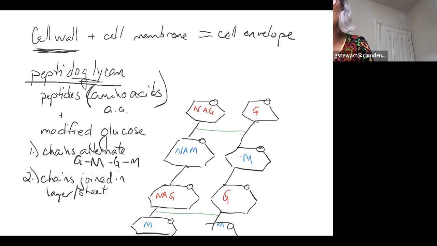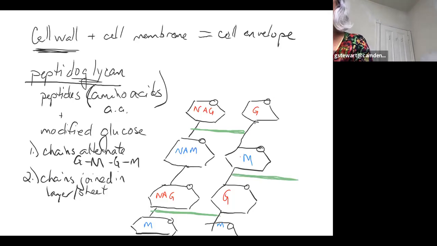And the green, these are some peptides, some protein that are attaching the chains together. Okay, so the chains are joined together in a sheet, and I've only drawn 2 of the sheets, but it actually goes kind of like this. So the next sheet would be attached here and above and below.